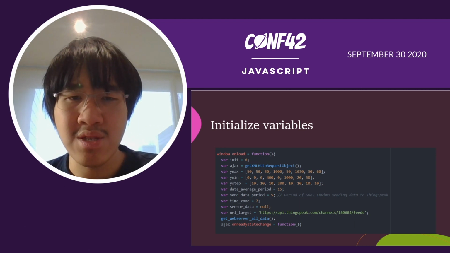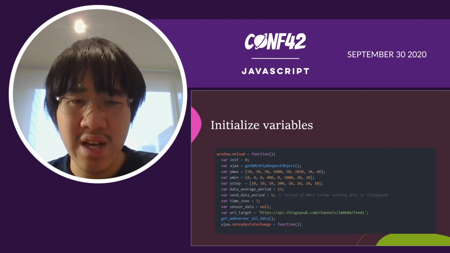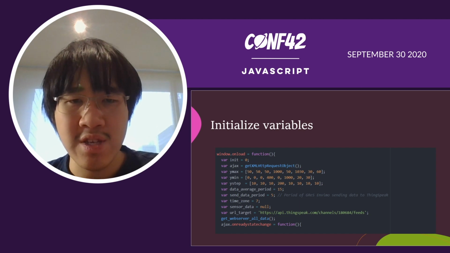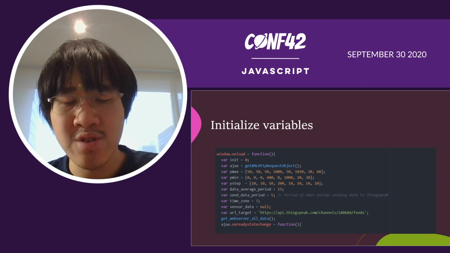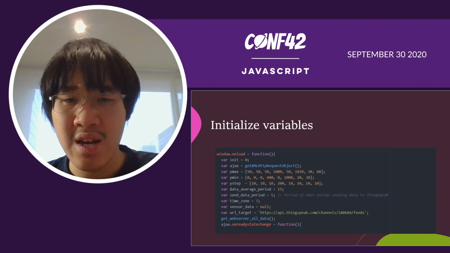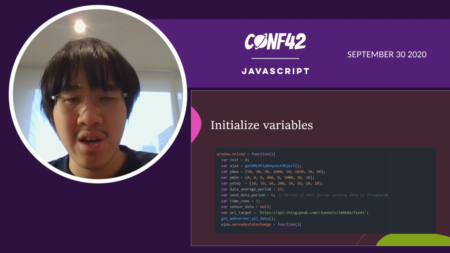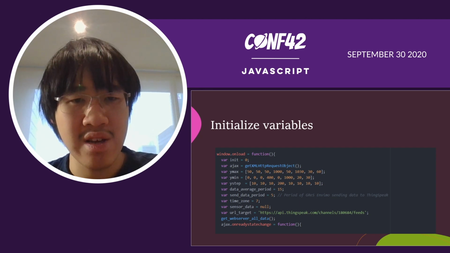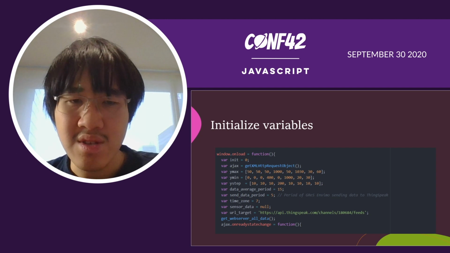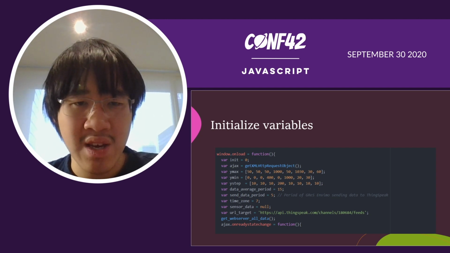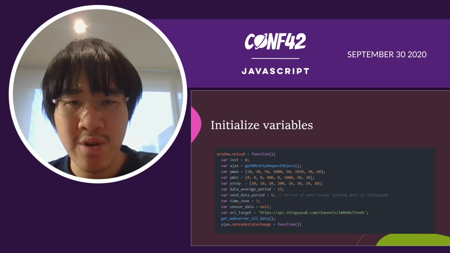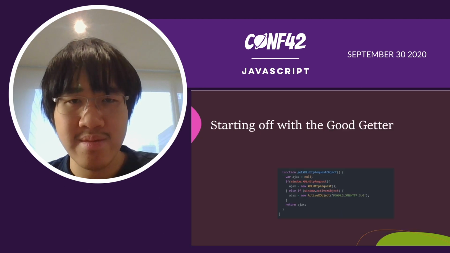We also specify a sensor data flag to check if the sensor data is in or not, and also specify a URL target. In this case, it's the ThingSpeak website, and as you can see, I specified my own channel. And I'm going to show you how to use this in your code later. And the other functions will be talked about later as we go along these implementations.